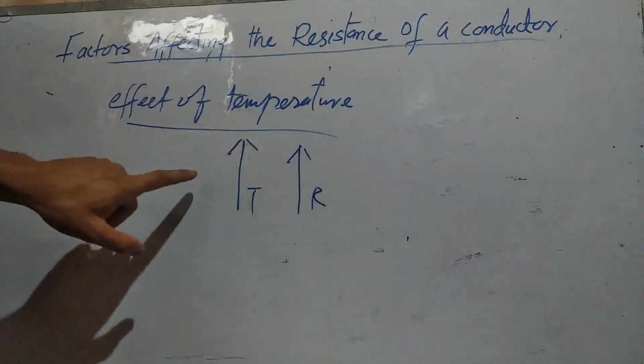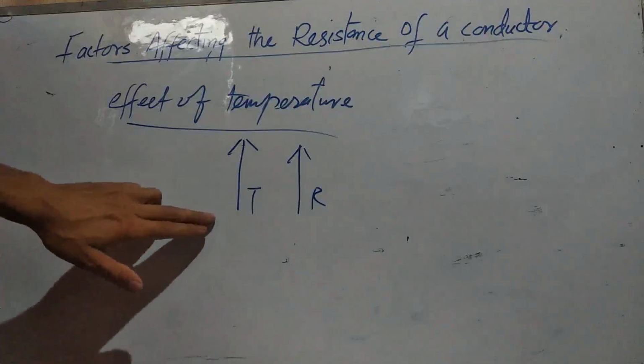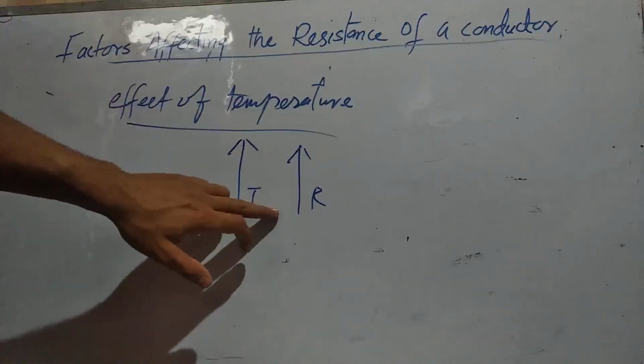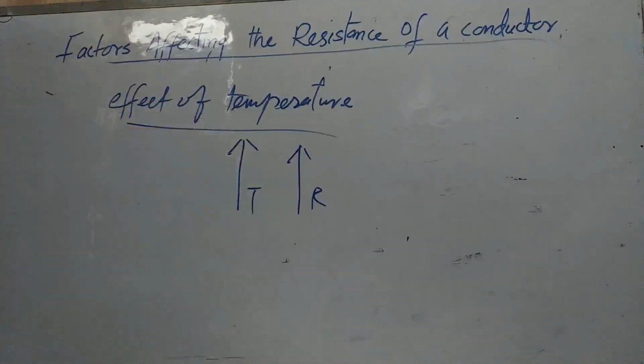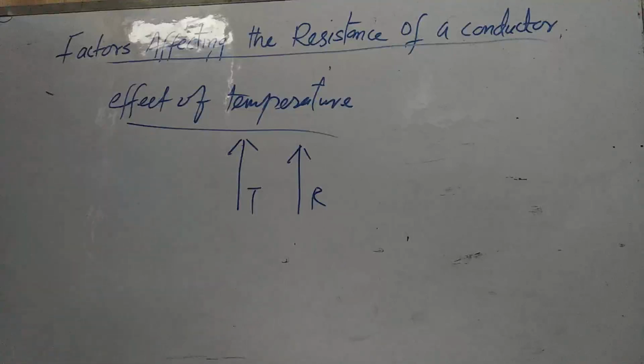And it has been found that the resistance of all pure metals increases with the rise in temperature. If we raise the temperature, the resistance of the pure metals also increases. However, the resistance of alloys like manganin, constantan, and nichrome is almost unaffected by temperature, and practically does not increase with rise in temperature.